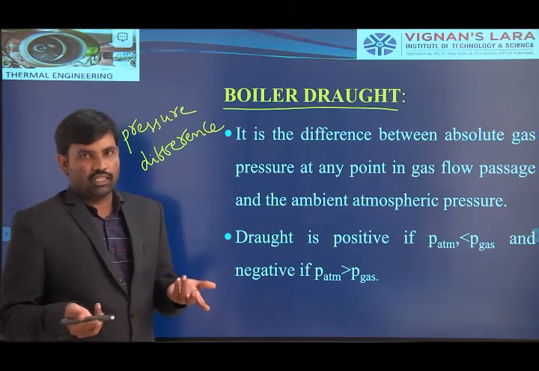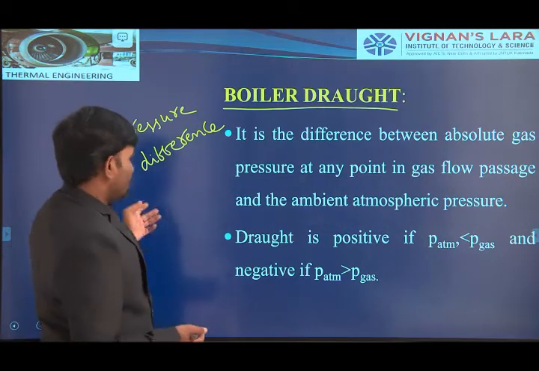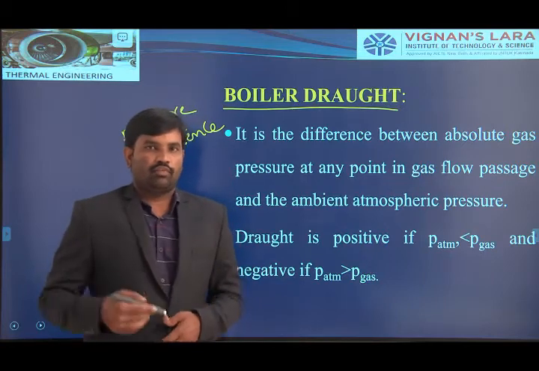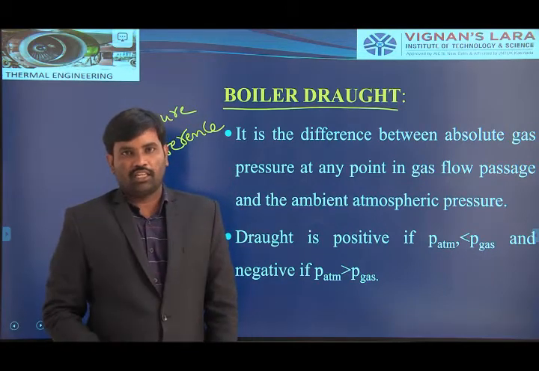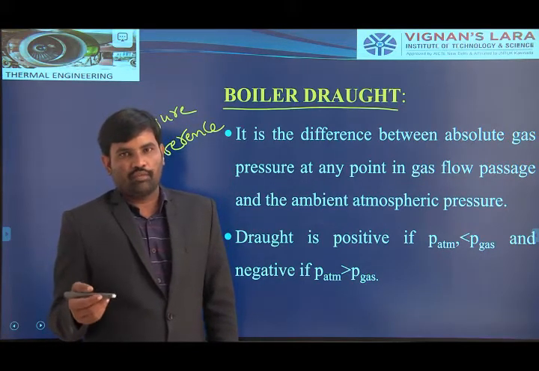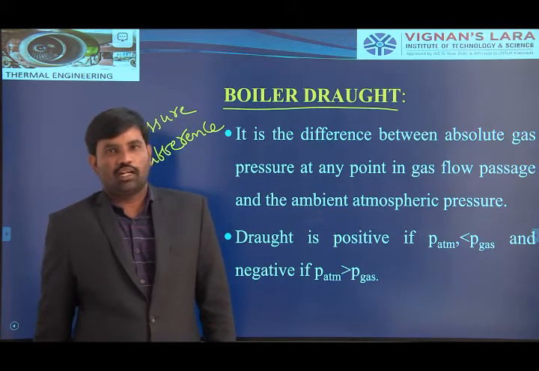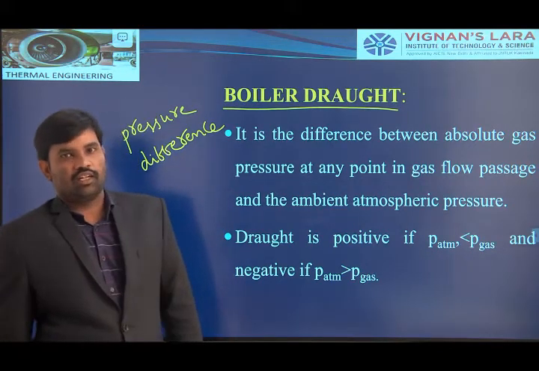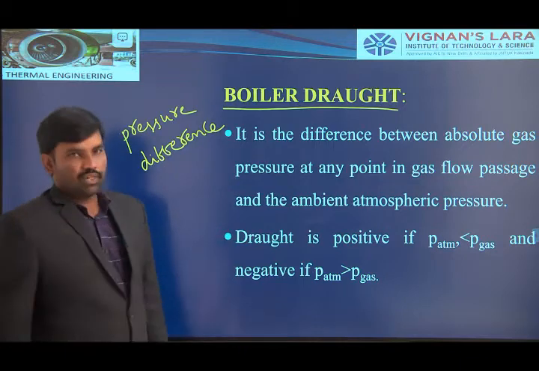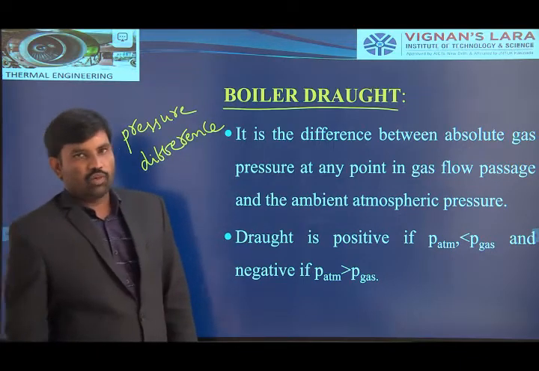If there is no pressure difference, the hot flue gases may not flow inside the boiler shell or from one component to another. For that reason, we have to maintain the pressure difference in the boiler draught.